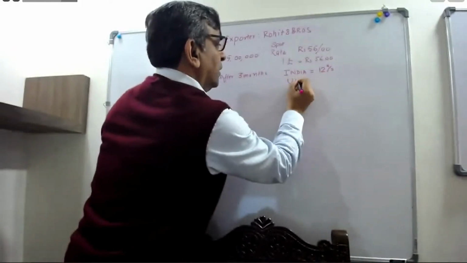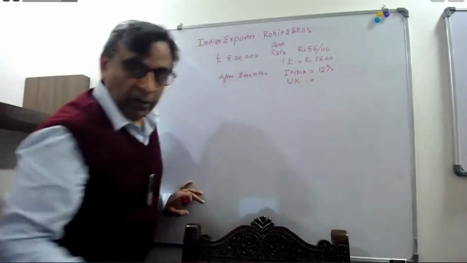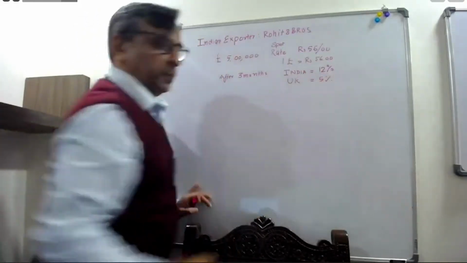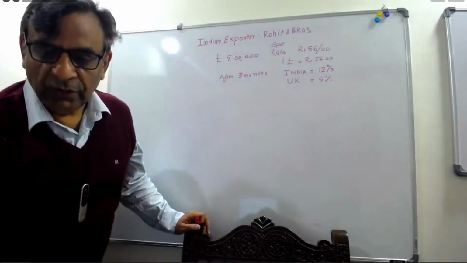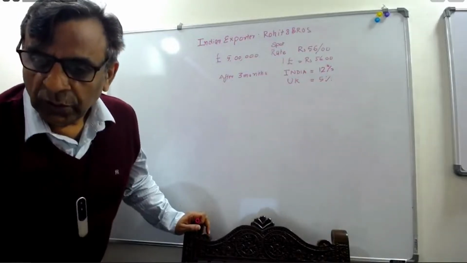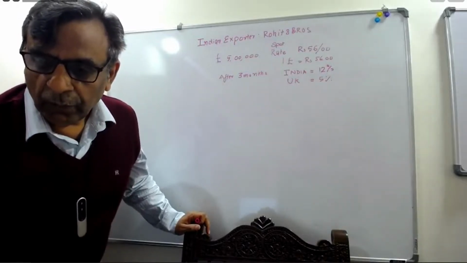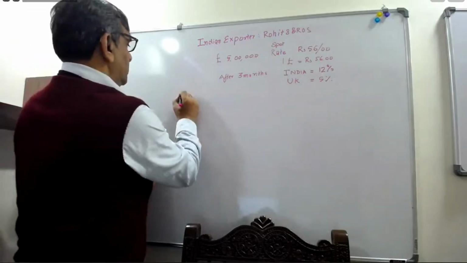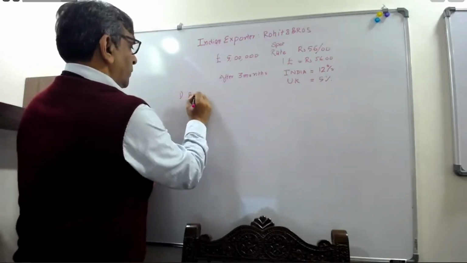And in UK, the rate of interest is how much? 5%. So this is given to you. So first, what you are going to do is borrow money. The first step is you're going to borrow.